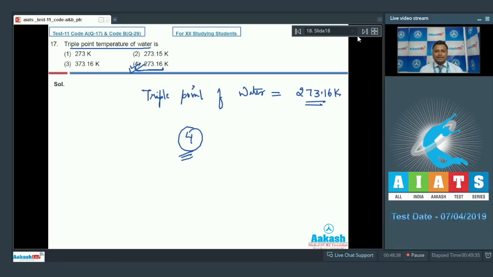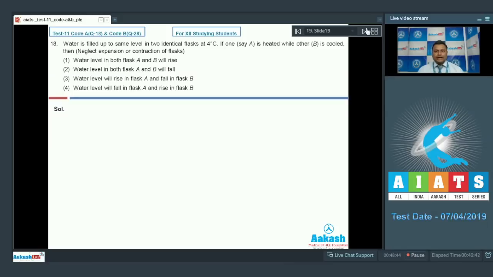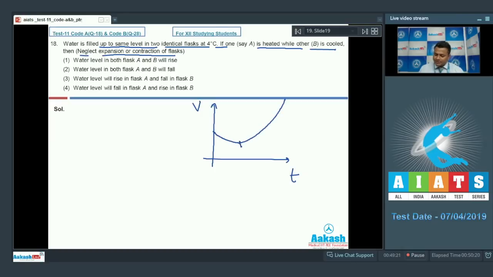Now move on to the next, that is question number 18. So here is question number 18, everyone. Water is filled up to the same level in two identical flasks at 4 degrees centigrade temperature. If one, say A, is heated while B is cooled, then we have to neglect the expansion or contraction of the flask, and we have to talk about the water level in both flask A and flask B. We know very well that the variation of volume of water in any flask with temperature will be something like this.